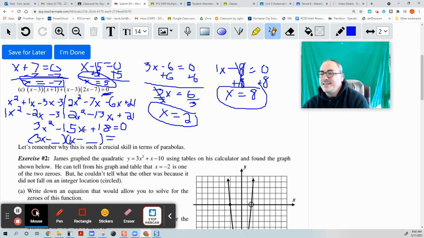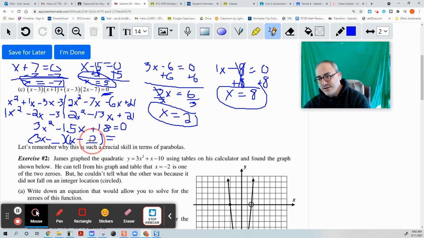Because if I put the 1 here and the 18 there, I'm going to get negative 21. And that's not what I want. So let me try 2 and 9. If I multiply 3 by 2, it gives me 6. Ah, I think that's our winner chicken dinner. Let me just think about this. 2 times 9 is 18.